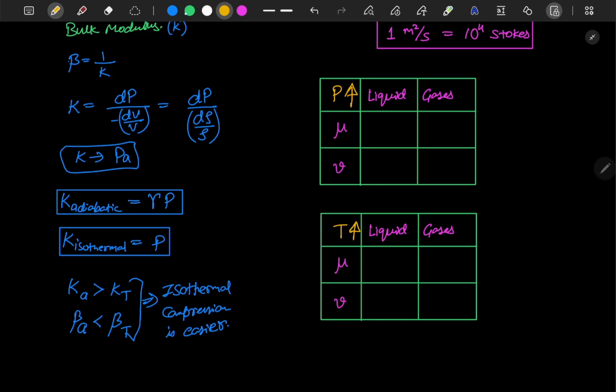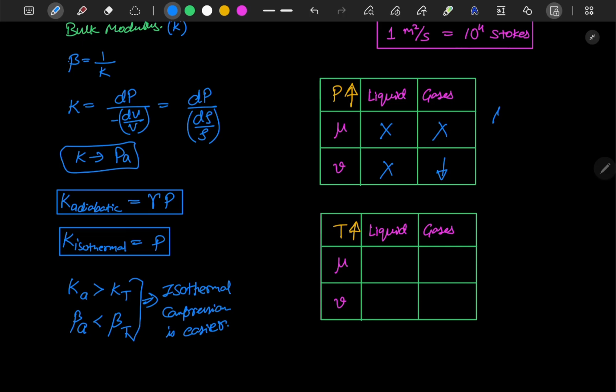On increasing the pressure, in liquids you have no variation for both dynamic and kinematic viscosity. In case of gases, you have no variation for dynamic viscosity, but your kinematic viscosity decreases. Why is this?